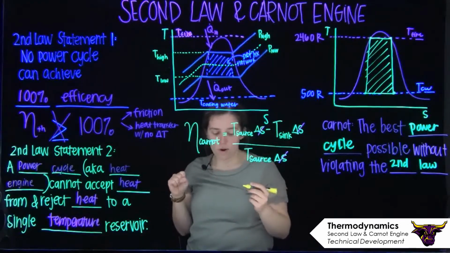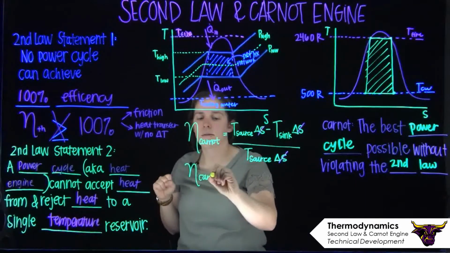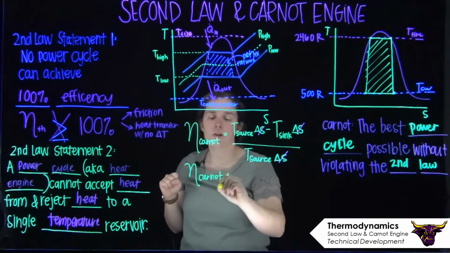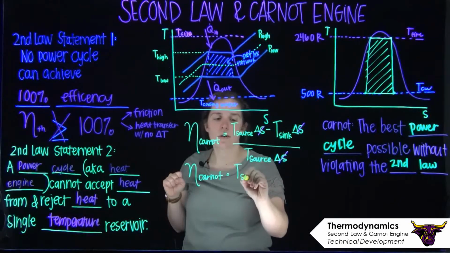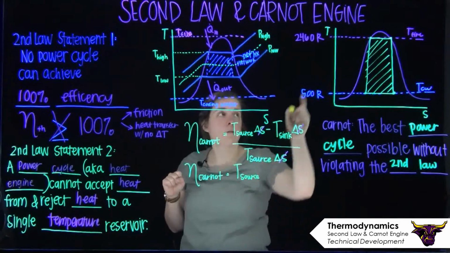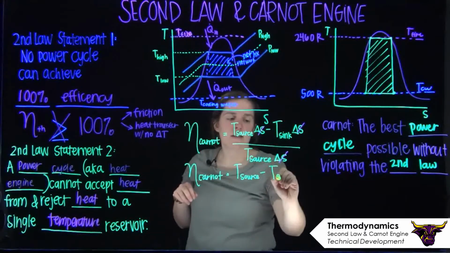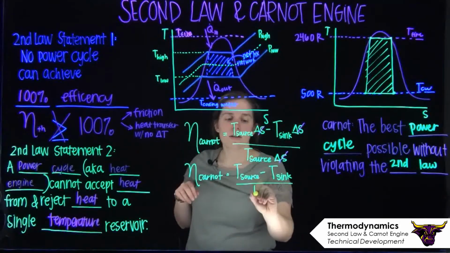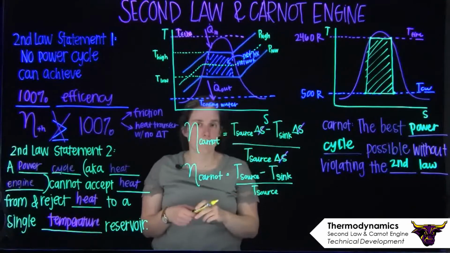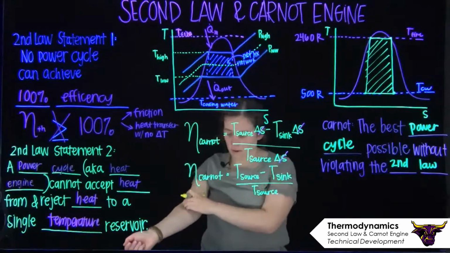So if we were to then write this without the delta S's, this efficiency of the Carnot is equal to just our T source, or our hot fire, whatever, minus T sink, which is our cooling temperature, over T source. And we're going to make sure to use absolute temperatures here, just like we did when we were finding area under the curve before.